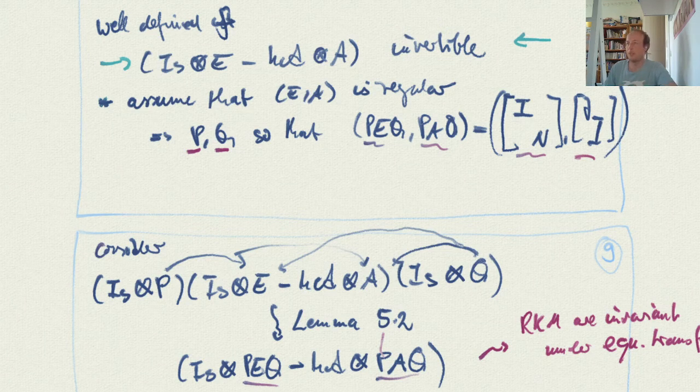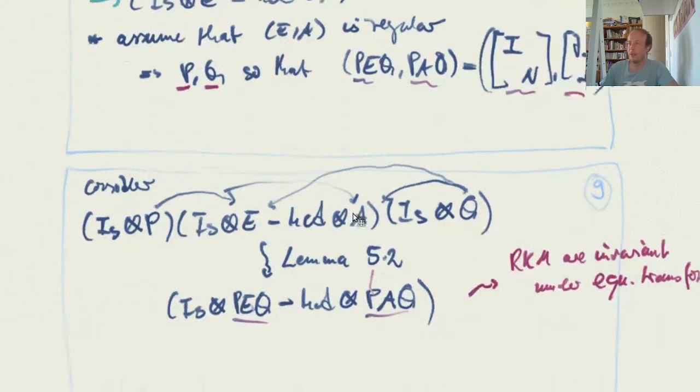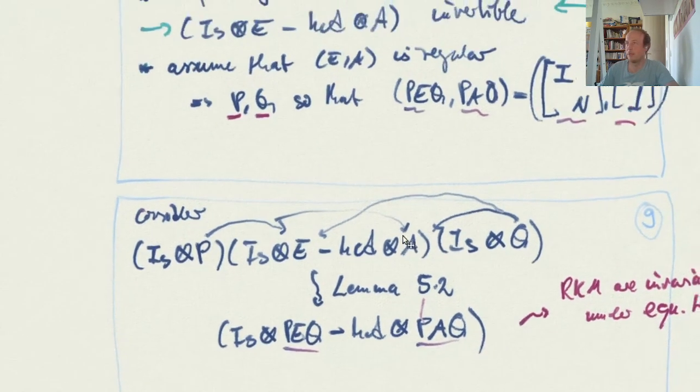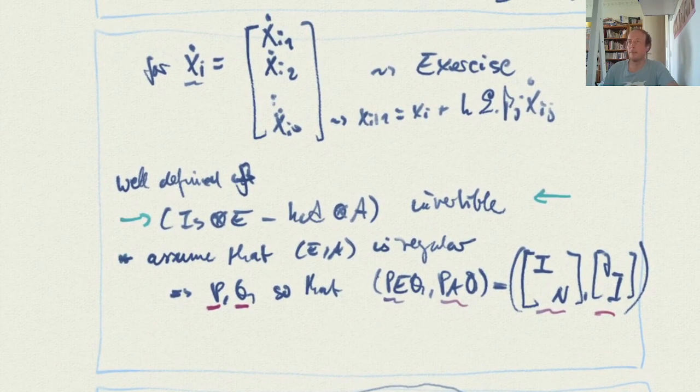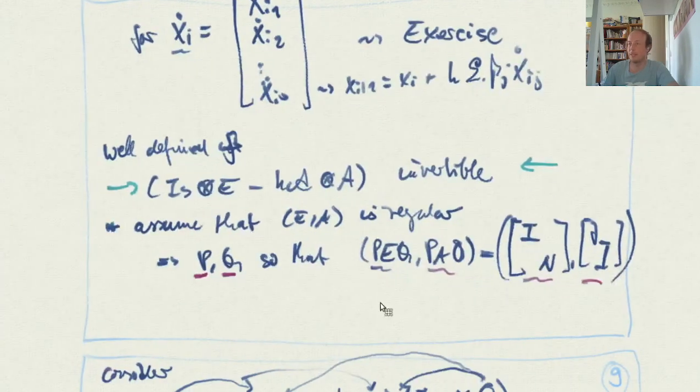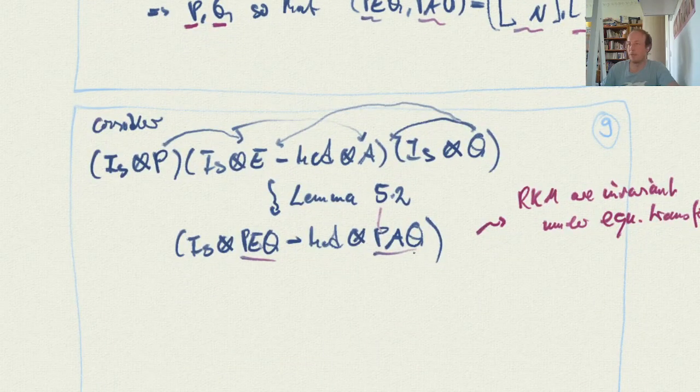So what does it mean? Such a state space transformation and the scaling does not affect whether the Runge-Kutta method works or not.